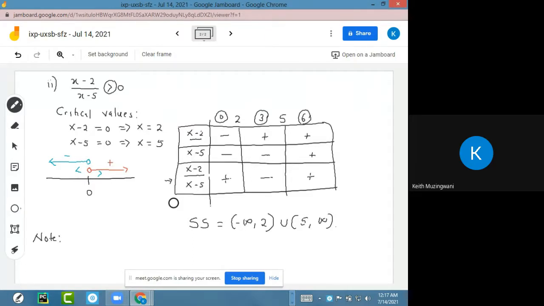So what are we taking note of? When we have greater or equal to, we get the positive intervals.